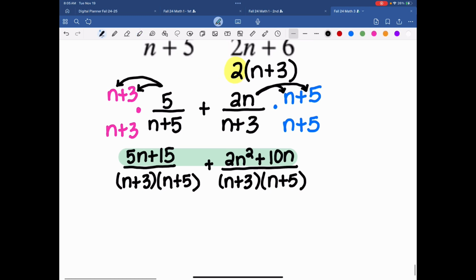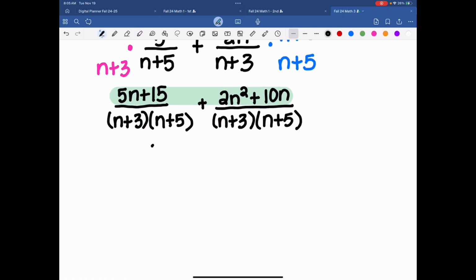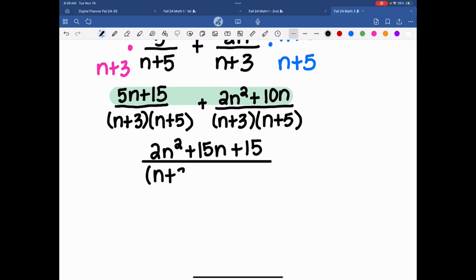We can go ahead and add those. So this is going to become 2n squared. We have like terms of 5n and 10n to become 15n plus 15. And that's all going to be over n plus 3, n plus 5.